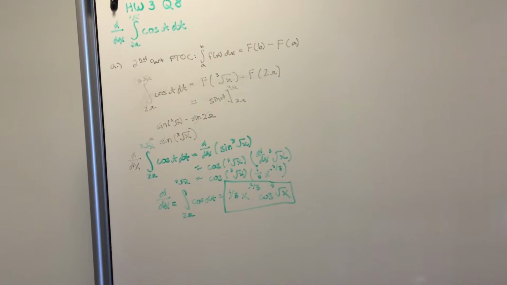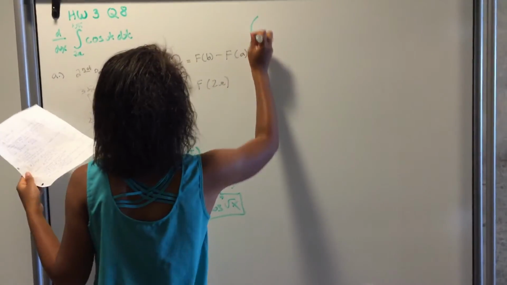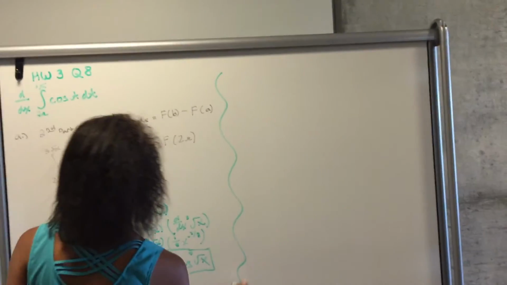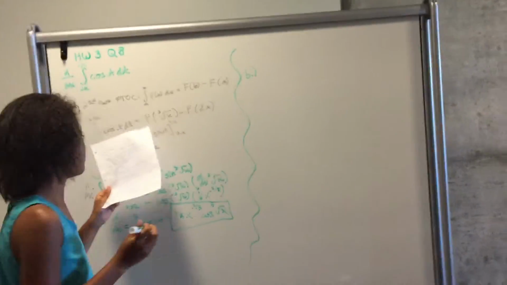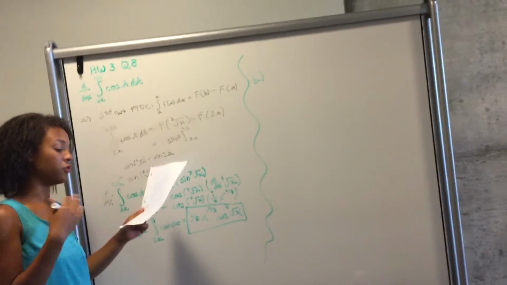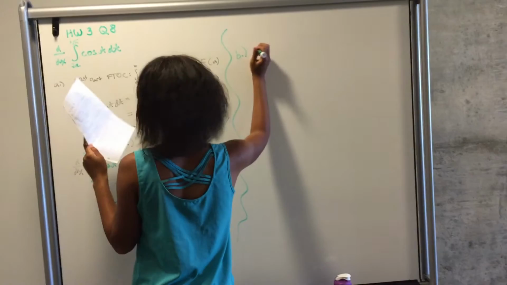Now I have to show you the same problem a different way, and this will be using the first part of the fundamental theorem of calculus. So to do this, we will differentiate the integral directly according to the first part of the fundamental theorem of calculus.